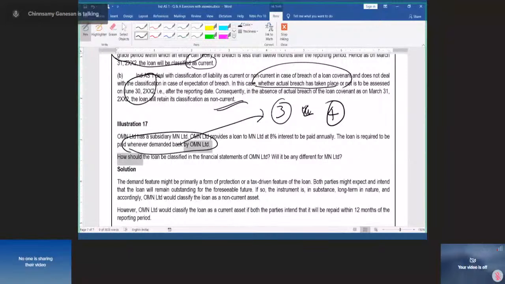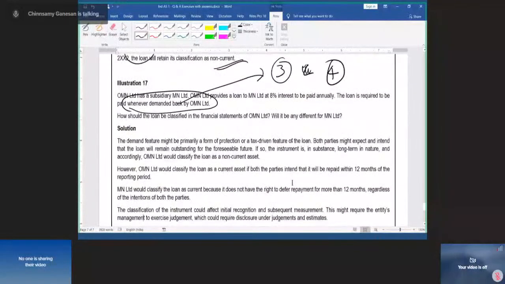That means it is not expected to be realized within 12 months from the end of the reporting period, and to that extent, it is considered part of your non-current asset from the point of view of the parent company. The same item, depending upon the classification of an asset and the classification of a liability, will have two different situations. I think I have considered all these things because we lost certain time in respect of connectivity.